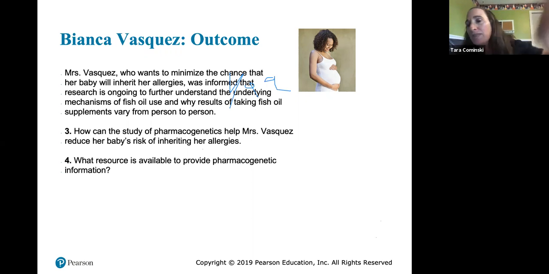So this is the kind of thing that we cover in the case studies. Some of it can come up in the multiple choice questions, but those would probably be more surface type questions, just knowing what pharmacogenetics is.